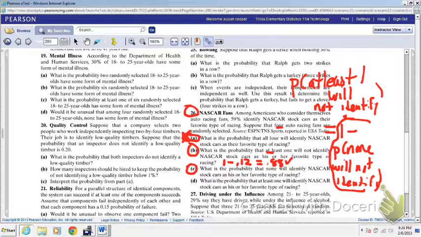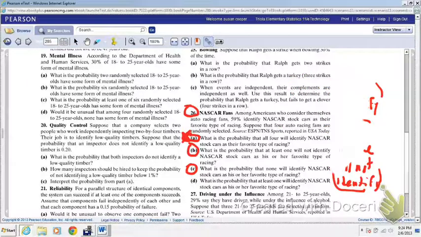Part C. What is the probability that none will identify NASCAR as their favorite? Now, this is just blatantly asking us to compute that probability, so let me talk that through with you here. As I erase that. Okay, so the probability that none will identify NASCAR as their favorite, well, think about it like this. What's the probability that one person alone wouldn't?